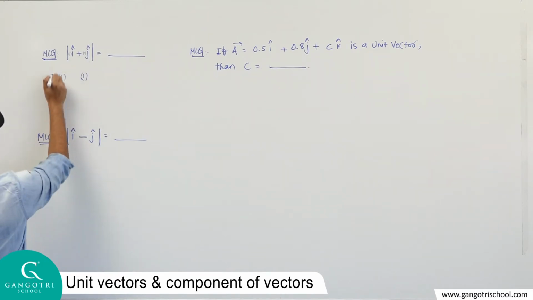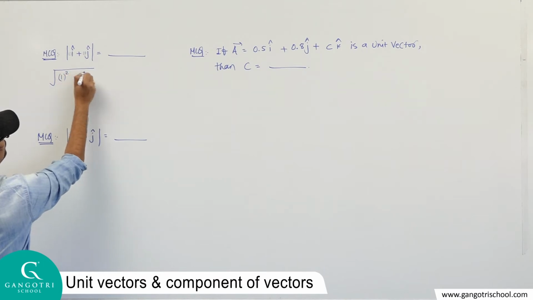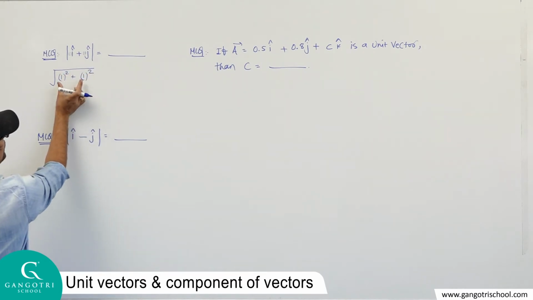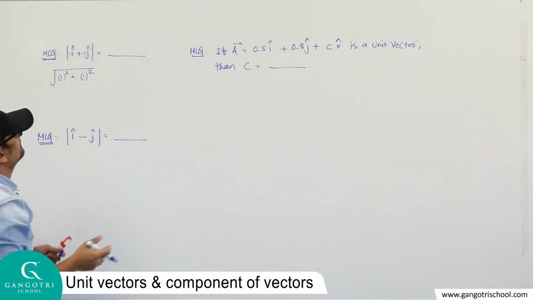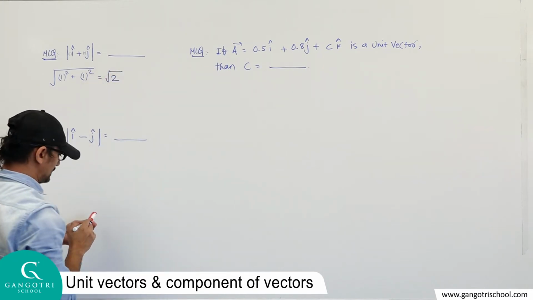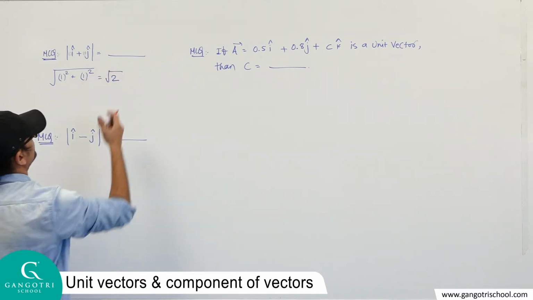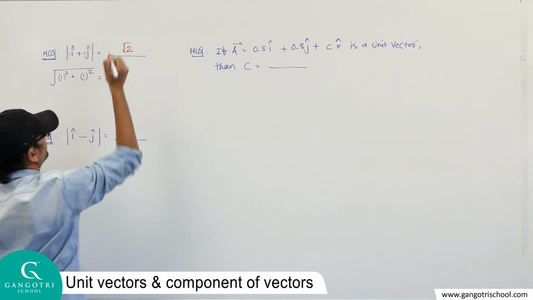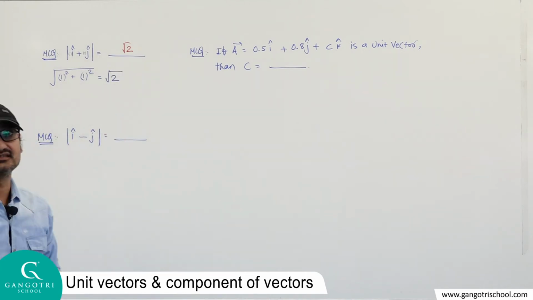Now the rule is the square root of the sum of the squares of the components gives you the magnitude. So the magnitude is root 2. The answer of the first MCQ is root 2.